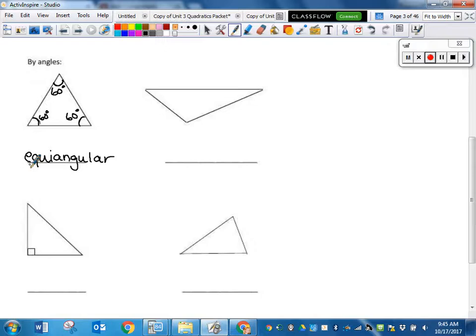In this one, we're assuming this is an obtuse angle. And so this triangle would be called an obtuse triangle. It has one obtuse angle.